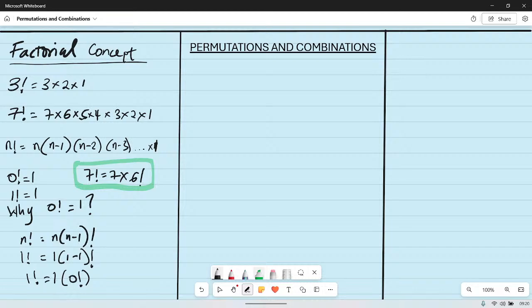If I want to make 0 factorial the subject, standing alone, it means 1 factorial over 1 equals 0 factorial. We know that 1 factorial is 1, so 1 over 1 is 1. Then eventually 0 factorial is 1.